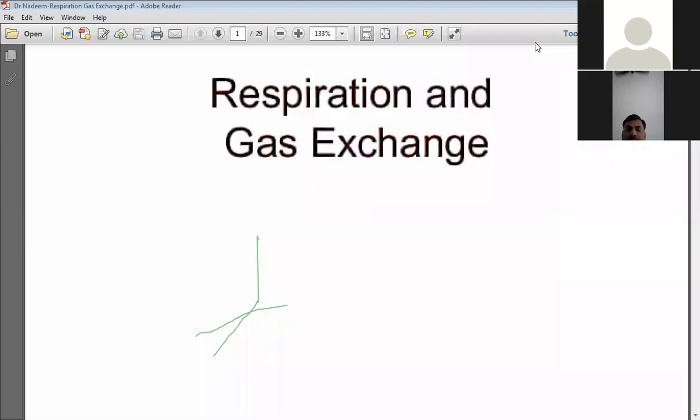Until and unless we are able to breathe in air, there will be no oxygen. And if there is no oxygen, there will be no respiration. So no ATP is released, whether it is the oxidative respiration, that is aerobic respiration, a very important process for living cells to obtain energy.